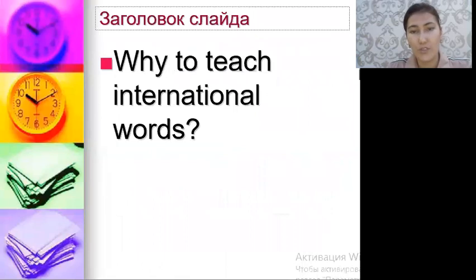So why teach international words? You can teach international words from your first lesson, and you can ask your pupils, how many English words do you know, or do you speak English? You can write some answers on the board, especially when they say 3 words, 2 words, or nothing.